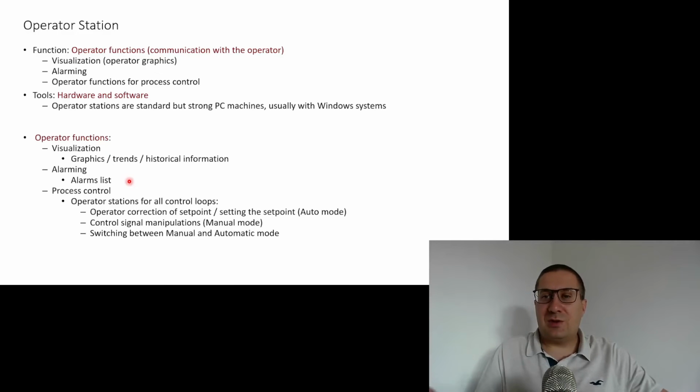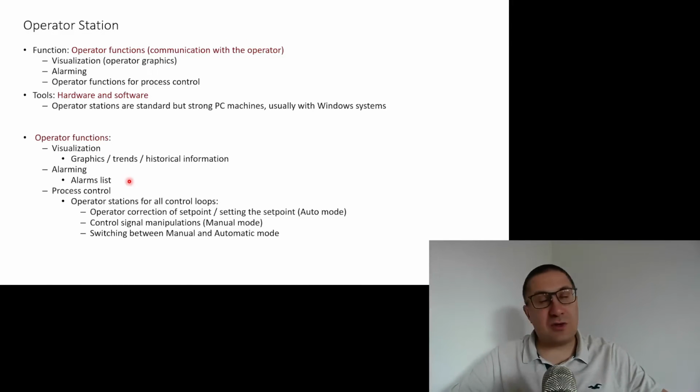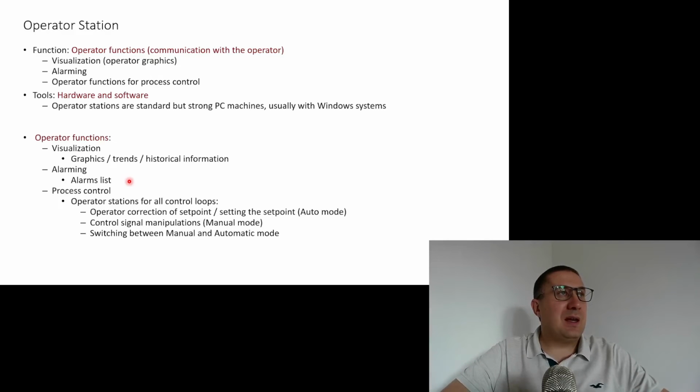Usually he can switch between automatic and manual mode of a particular device. In an automatic mode, he can add his bias. So let's say we are controlling the flow, and we think as the operator that the flow is too low, we can increase the set point for the flow.